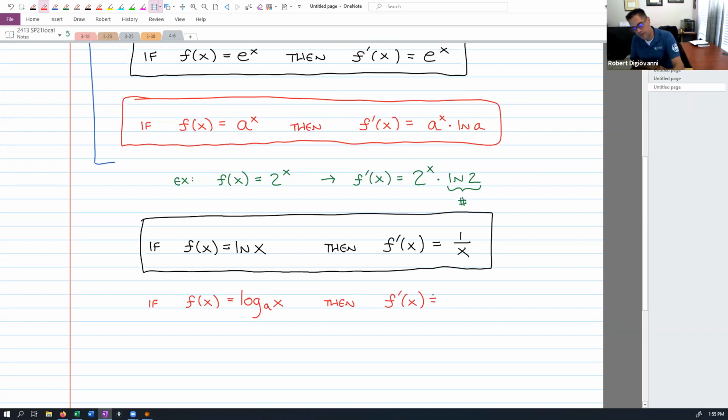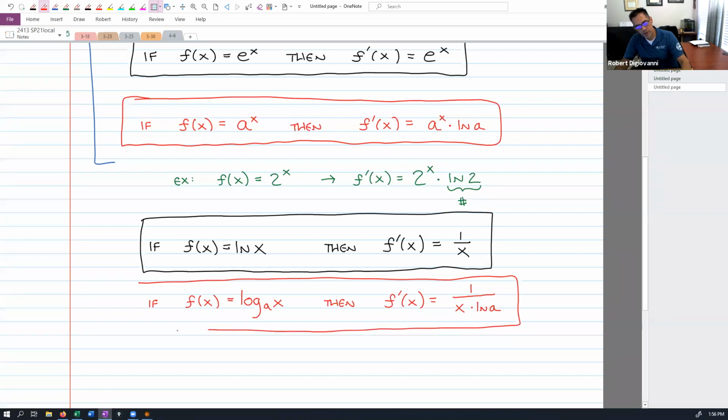It is 1 over x. Hey, it's the same answer, right? 1 over x, but next to the x, you have to do natural log of a. So it's 1 divided by x times the natural log of a, and that is the formula.